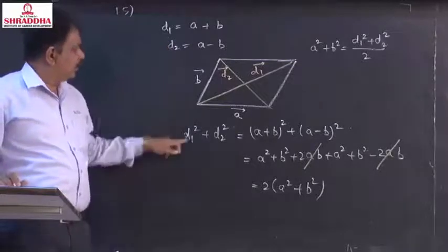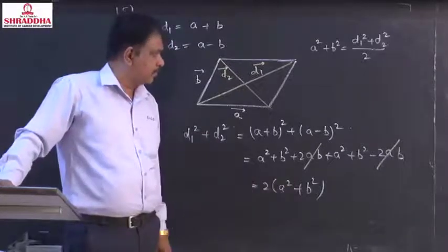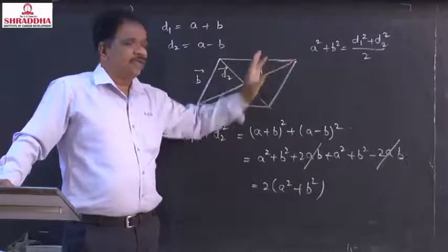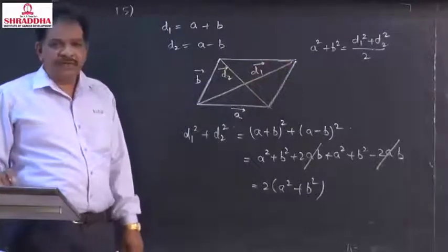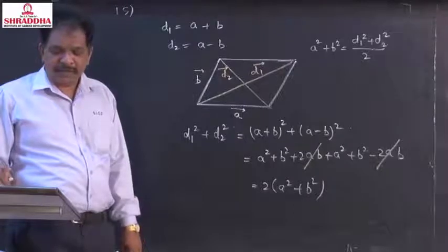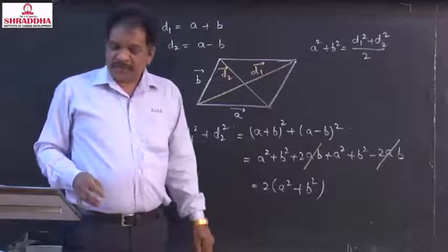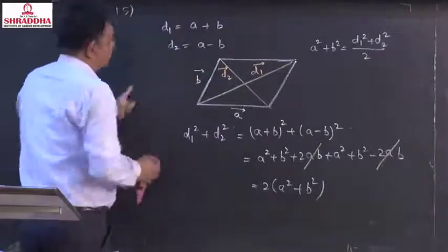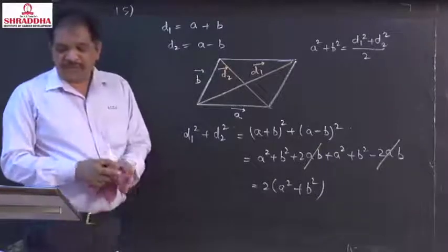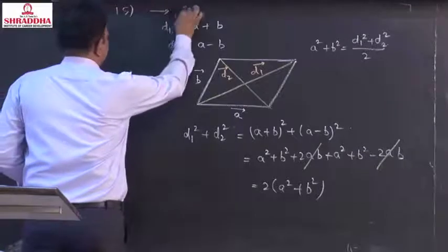Then we squared these two. Then we got 2 into (A square plus B square). From that A square plus B square value will be (D1 square plus D2 square) by 2. Okay. Next. Question number 16, you see what they are asking. So what is the option for 15? 15 it will be C.